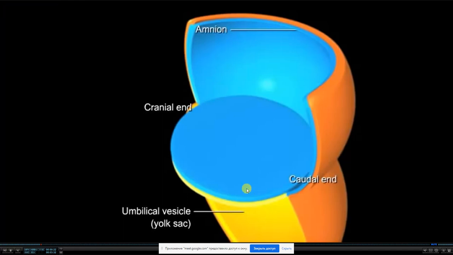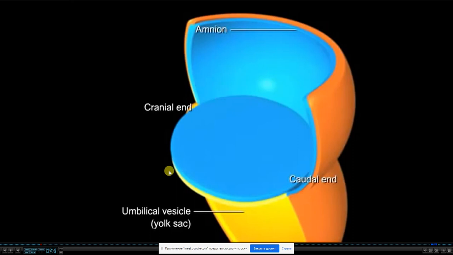Here we see the amnion, which is the external part. The amnion is made up of epiblast, a thin layer which will form the amnion and amniotic cavity. And from the downside we have the umbilical vesicle, or yolk sac, and hypoblast. I hope this concept is clear.